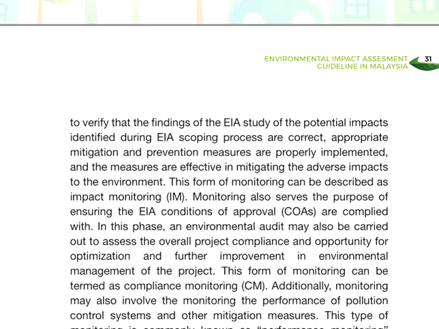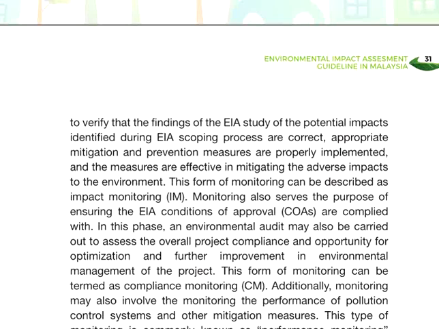The purpose of this environmental audit is to assess the overall project compliance and opportunity for optimizations and further improvement in the environmental management of the project. In another word, this compliance monitoring is an elevation from the impact monitoring.